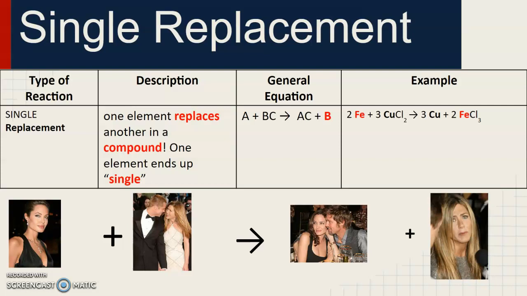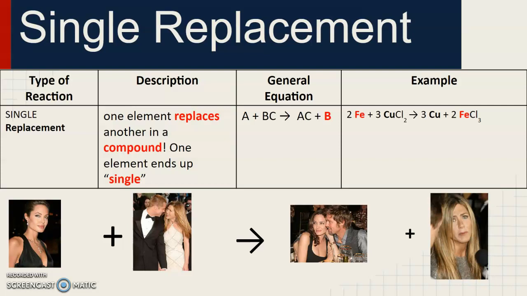Okay? The example here we have in the beginning, Angelina Jolie plus Brad Pitt and Jennifer Aniston. This was a long time ago, like early 2000s. Brad Pitt and Jennifer Aniston were married and Angelina Jolie was single. Then after the notorious Mr. and Mrs. Smith movie, Brad Pitt and Angelina Jolie got married, and then Jennifer Aniston was left single.